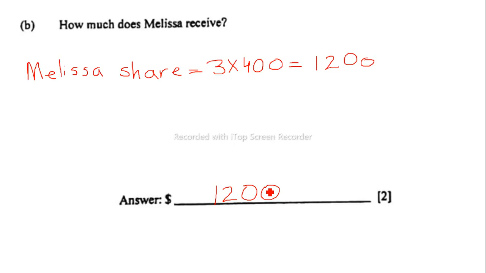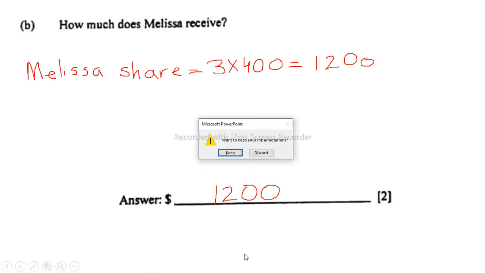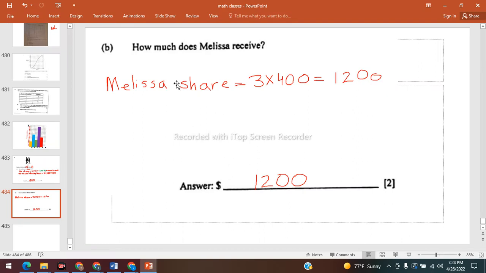All right, so let's continue. There's also another way we could have gotten Melissa's share without multiplying. What would that be? Subtract. Would you subtract 800 from the 2,000? Very good.